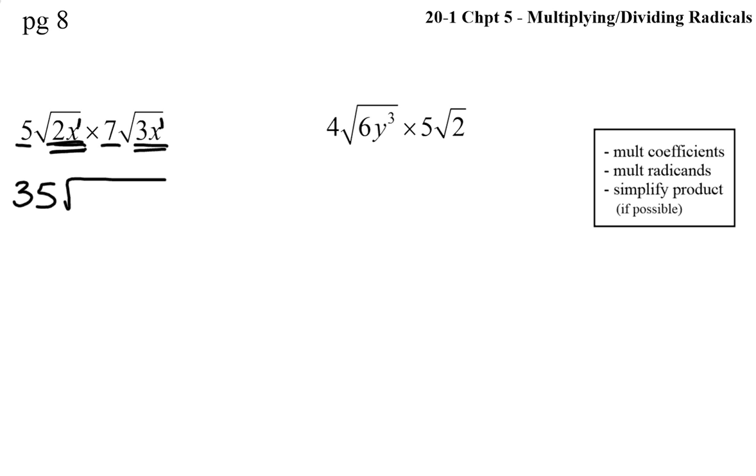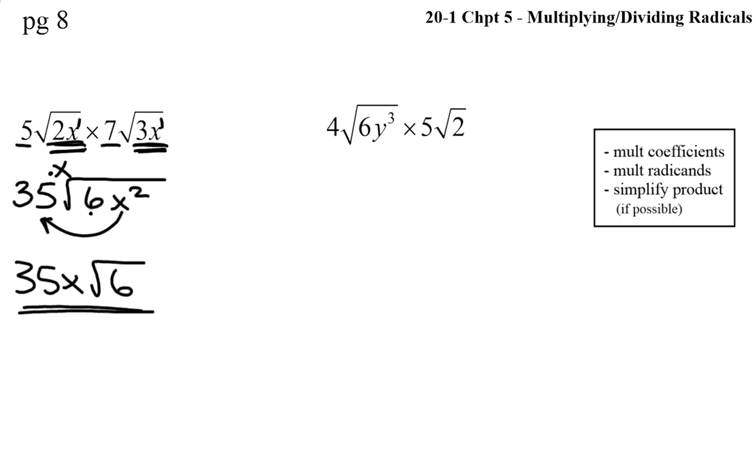So 2x times 3x is 6x squared. 35 root 6x squared is the product, but it's not simplified yet. The 6 can't be simplified, but x squared can be rooted out because the square root of x squared is x. So we would have to multiply the 35 by an x, and we still have the radicand of 6. There's your product in the simplified form. Give the next one a try, and then we'll talk.